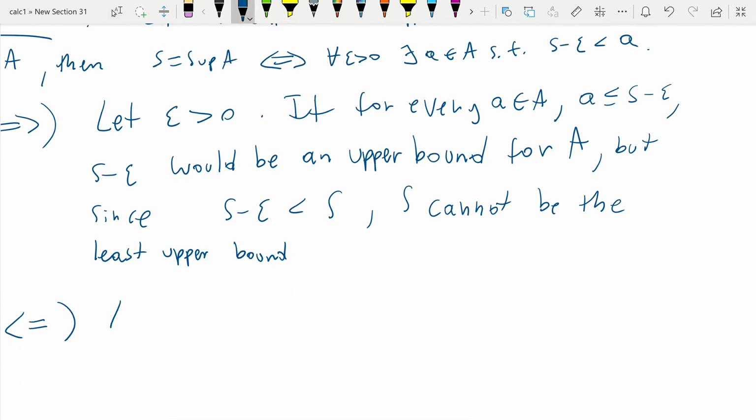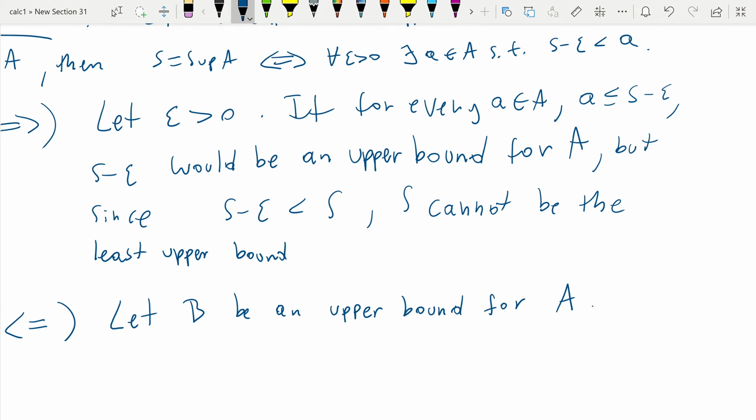So we let B be an upper bound for the set A. Remember, what do we want to show?